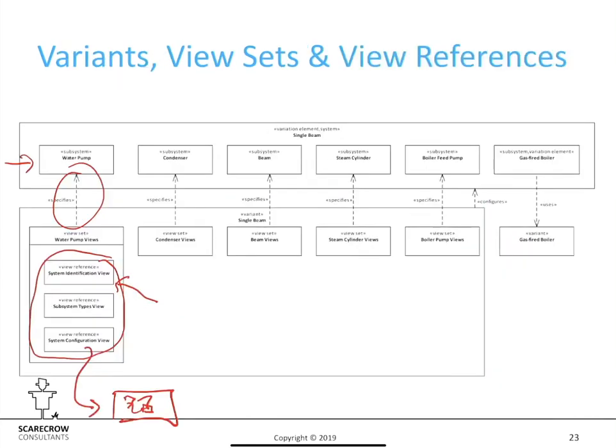And then we create these view sets which contain references to actual diagrams, which have got elements on and which exist in my model. And it is these view sets with their view references contained in a variant for a variation element that dictates then what gets exported from the model when we want to pull out a particular variant.